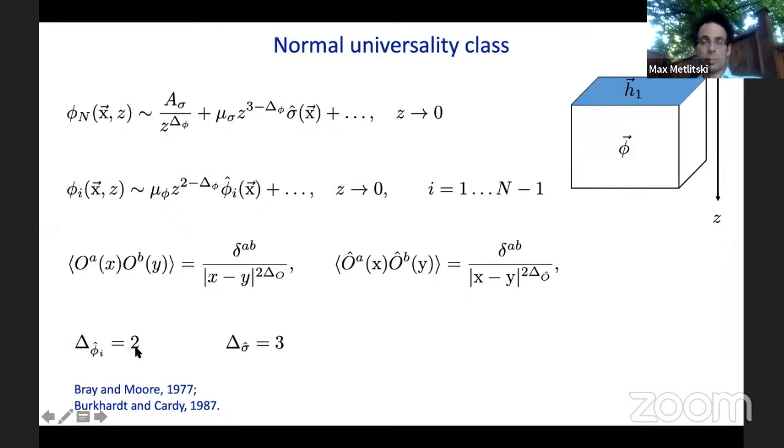It's a protected operator related to the current in the bulk, or n current in the bulk. And then sigma hat is again a protected operator, what people call a displacement operator. It's related to the stress energy tensor in the bulk, and sigma has scaling dimension equal to 3 exactly again. So these are the most important facts.